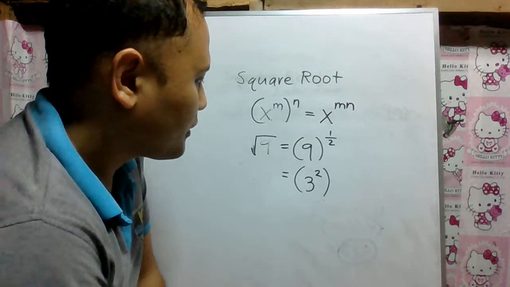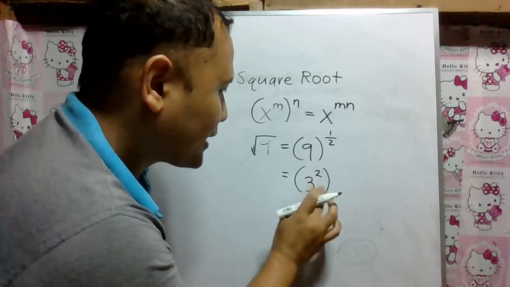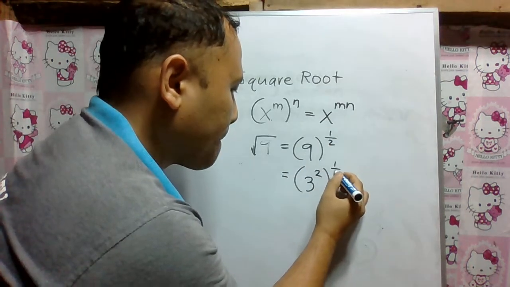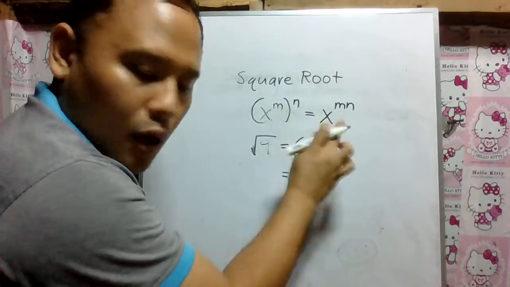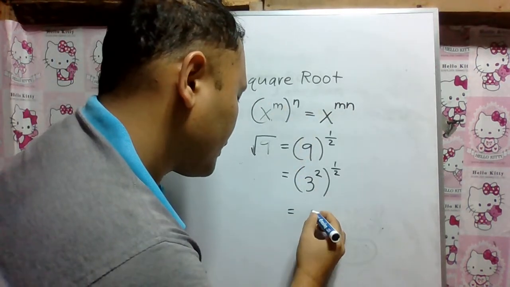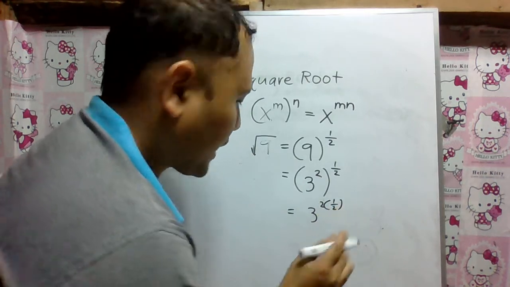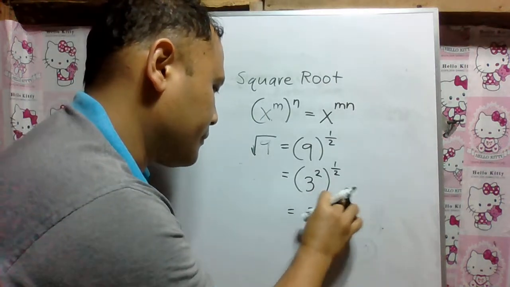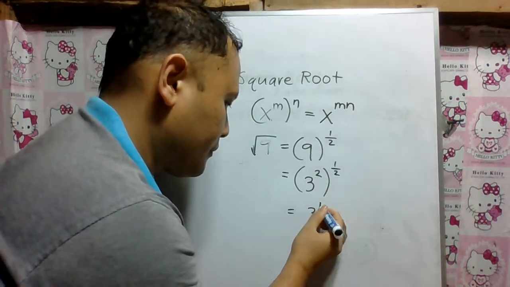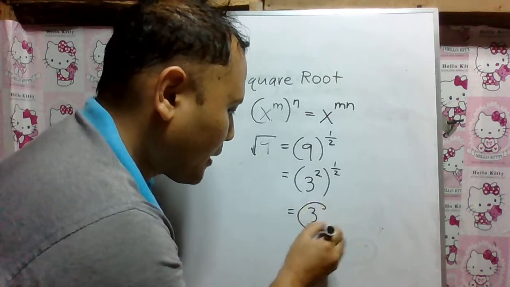Okay? 9 is equal to 3 squared and 3 squared equals to 9. And this number, 9, is raised to the power of 1/2. And then, using this law of the exponent, 2 times 1/2 is just equal to 1. And we can erase that 1, and we have number 3.